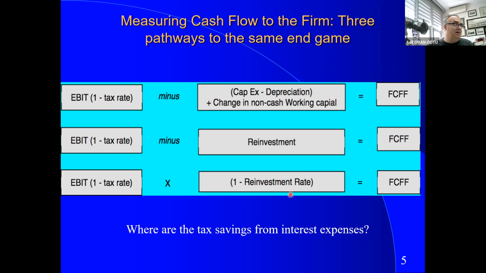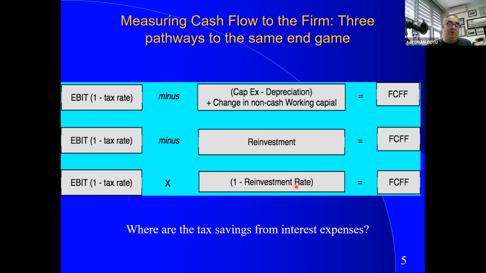So if every year you're retaining in the company a certain percentage of the EBIT, in that case, the formula can be simplified even more, so that you have your EBIT number, and from that you basically multiply it by 1 minus the reinvestment rate.